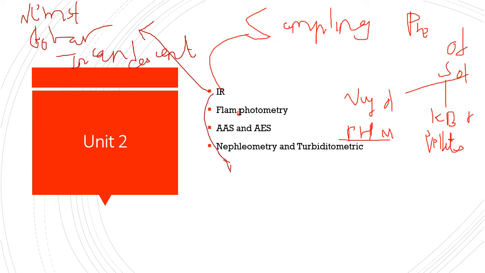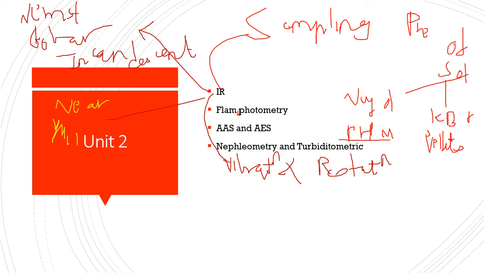In IR, there are basically vibrations and rotations. In UV, there are electronic transitions. The IR is further divided into three regions: near IR, mid IR, far IR, and also the fingerprint region and functional group region.